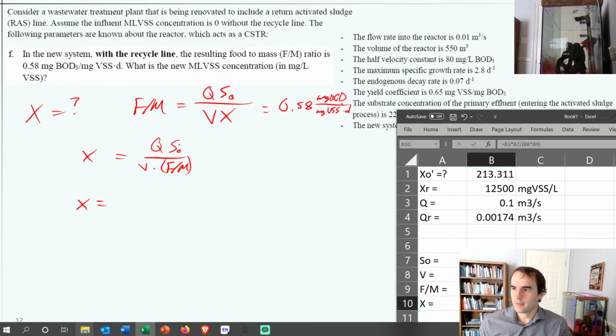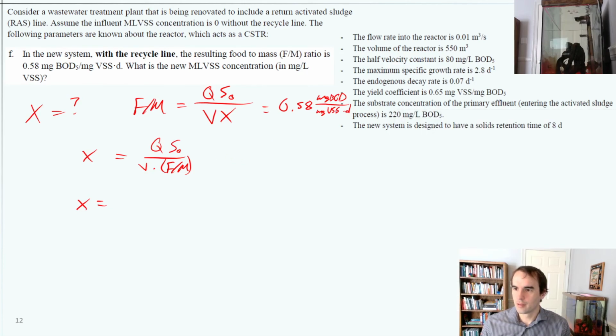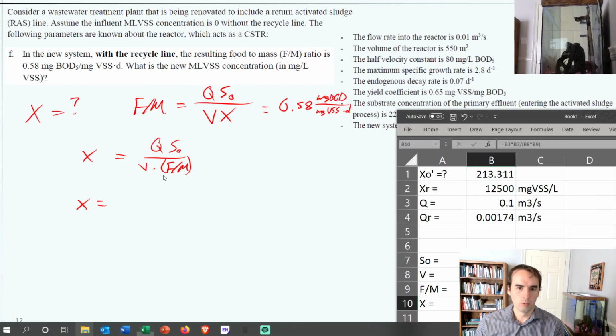So Q times S naught. Oh yeah, the food to mass ratio was given in days here, but the flow rate's in seconds, and I forgot to convert that. So let's make sure we include that conversion.